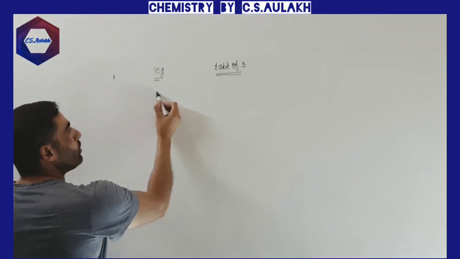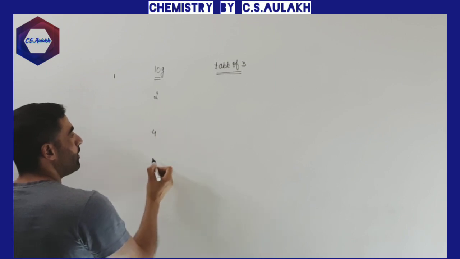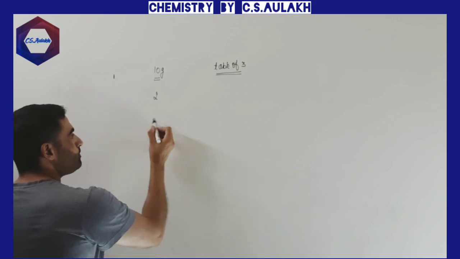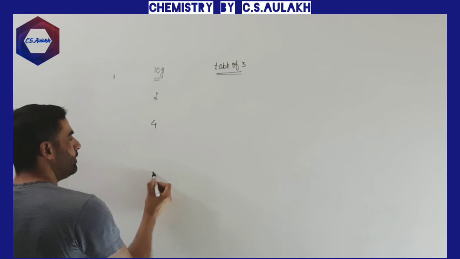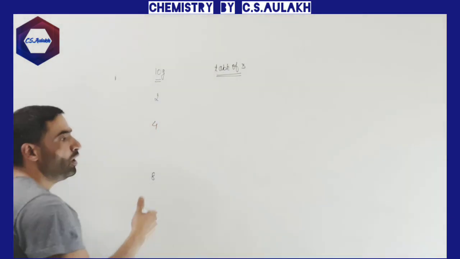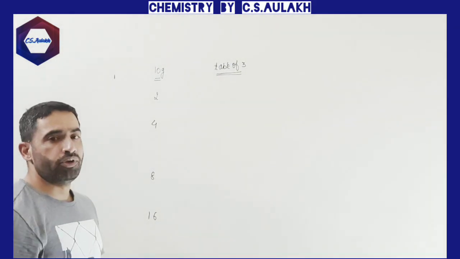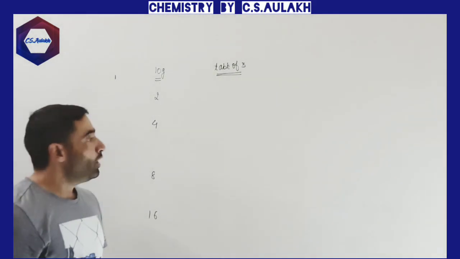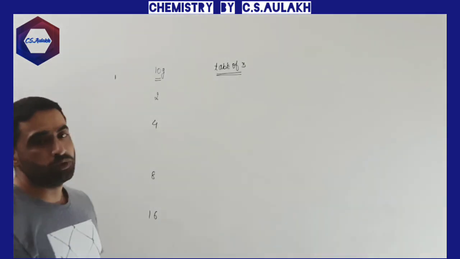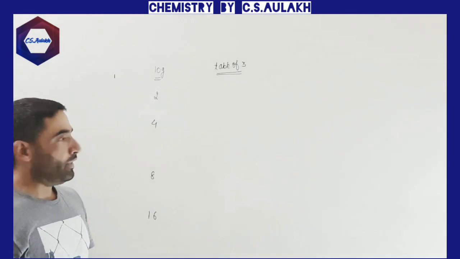So here you will have to write 2, then double of 2 is 4. Similarly double of 4 is 8. And similarly you can write further also. If you want to derive further, you can go up to 16 or even up to 32 also. But there is a need of only some simple values. That's why I am giving you a short trick that you can calculate up to 8 only.